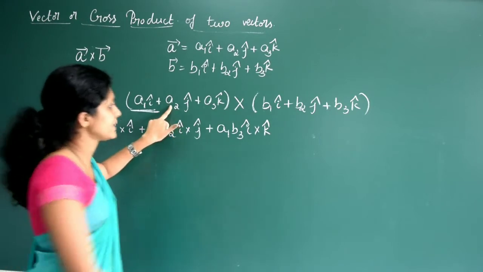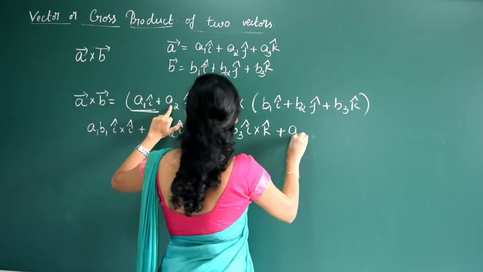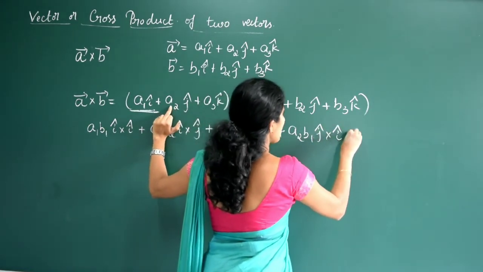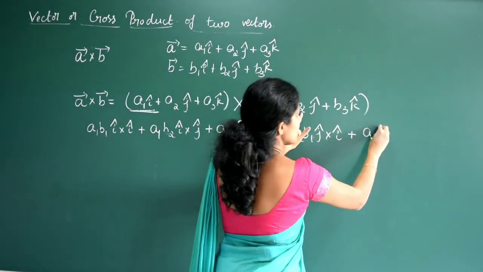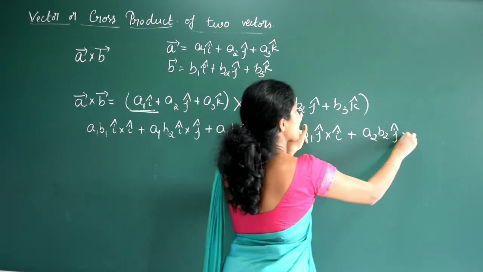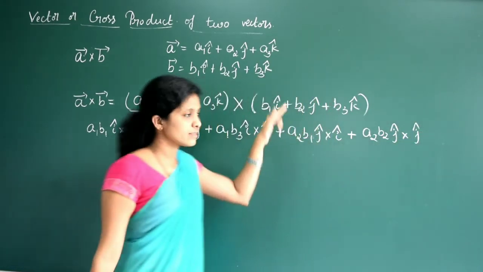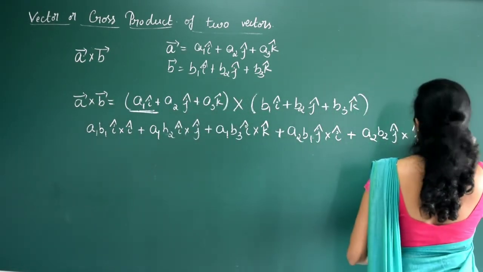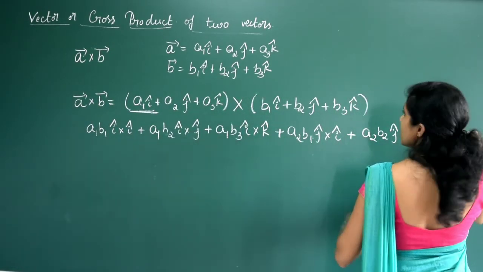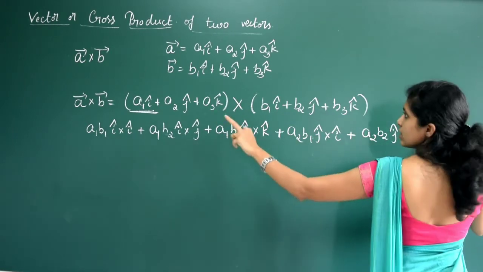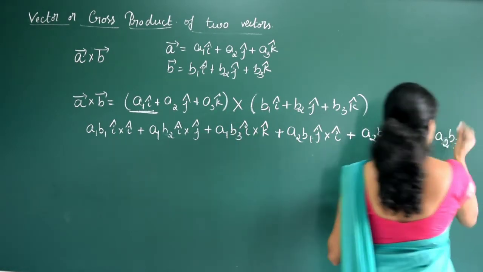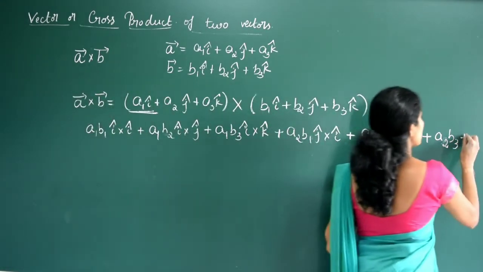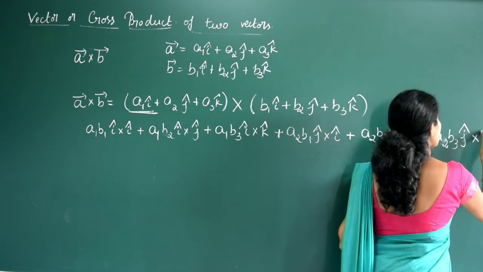Next we start with the second term. So it will be plus a2 b1 j cap cross i cap, plus a2 b2 j cap cross j cap. Third term will be a2 b3 j cap cross k cap.